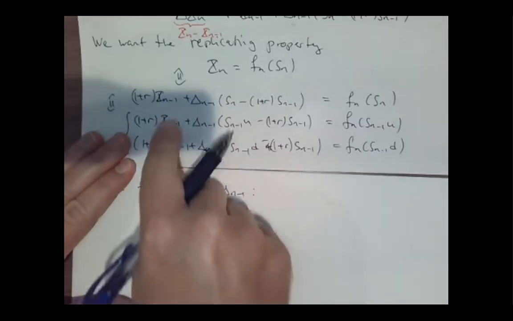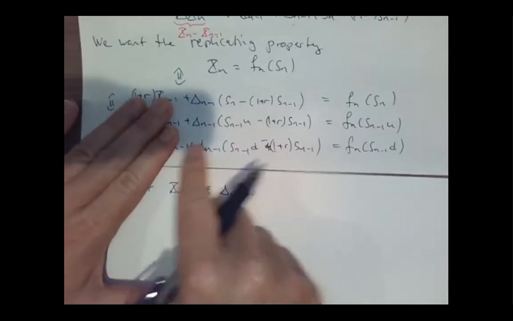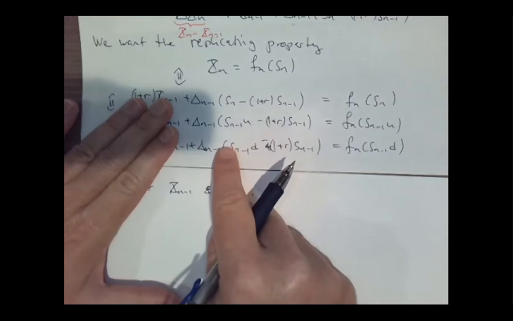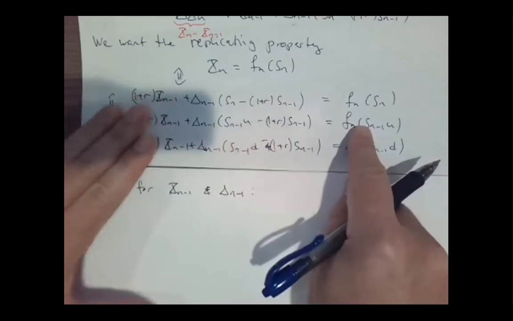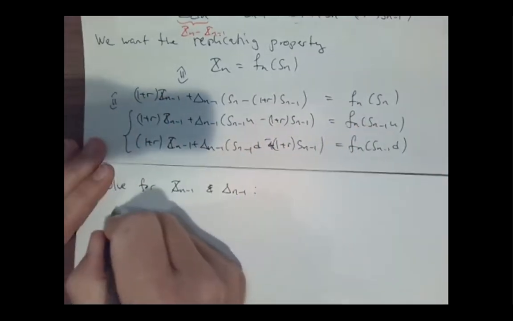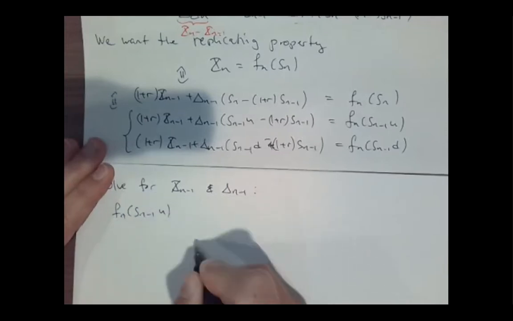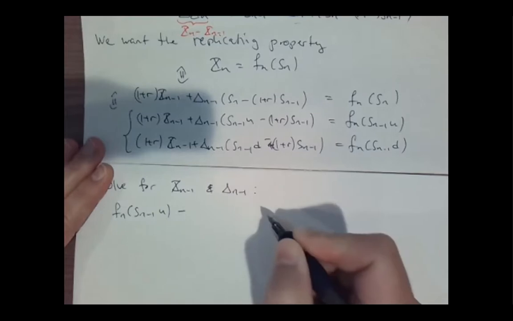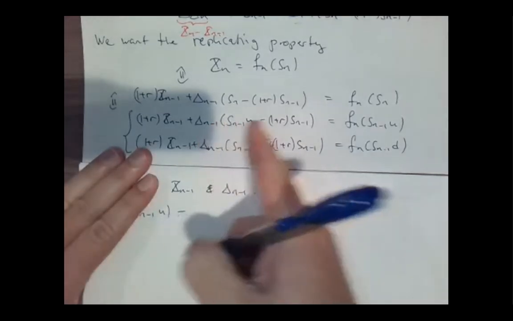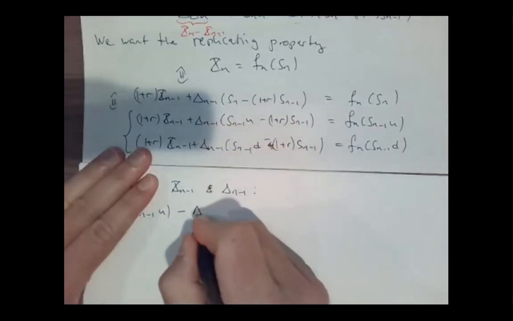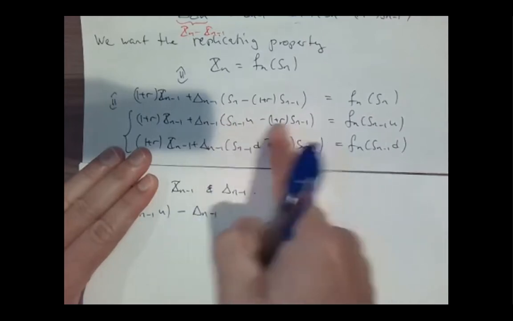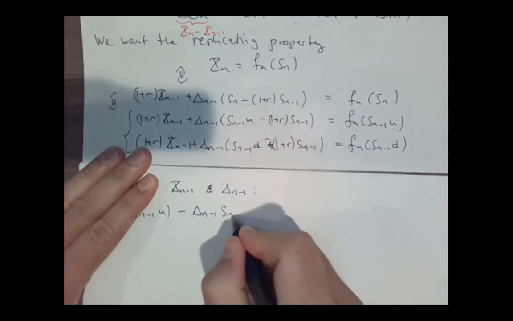I can see I have the same thing here. So what will I do? I'll move this to the other side. I'll have fn of Sn minus 1 u minus delta n minus 1, and there's a common factor, Sn minus 1, that can go outside.